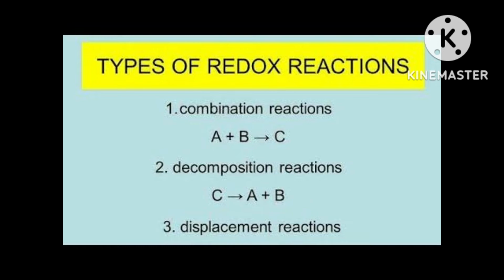O2 is gaseous, it also has oxidation state 0.